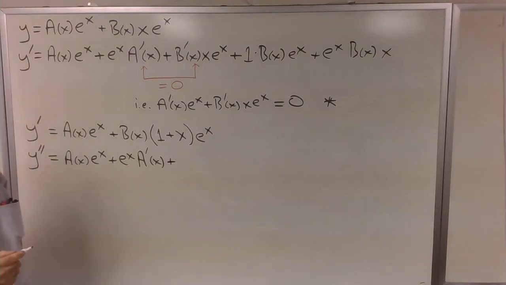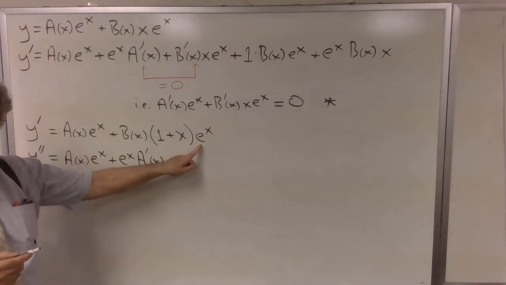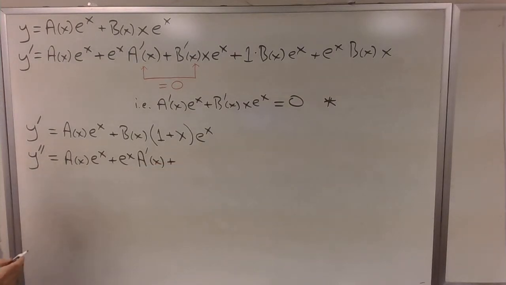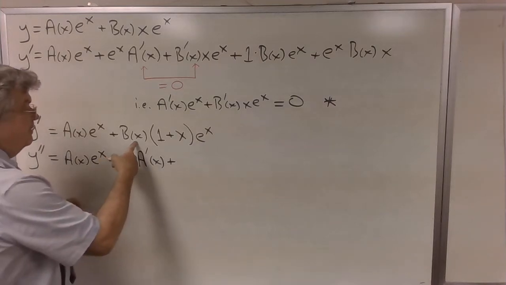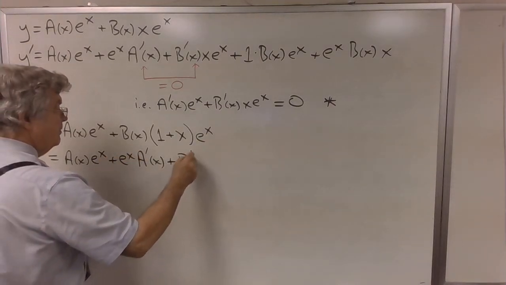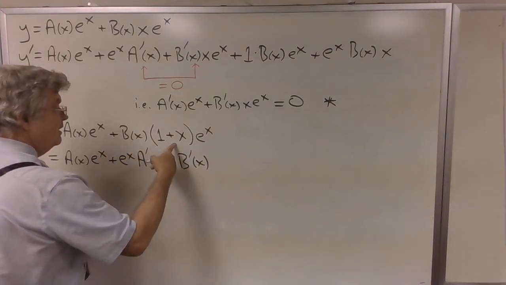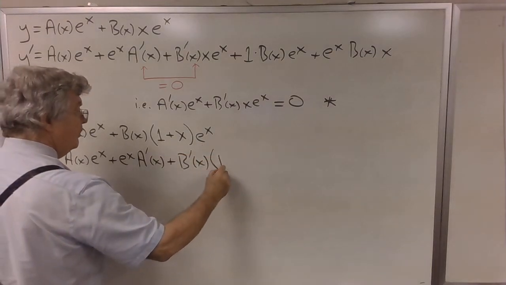We'll do derivative of the first times the other two, plus derivative of the second times the other two, plus derivative of the third times the other two. So derivative of the first, b prime of x, times the other two.